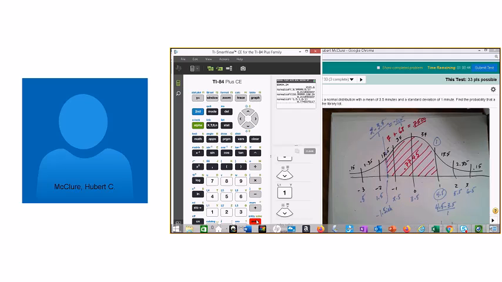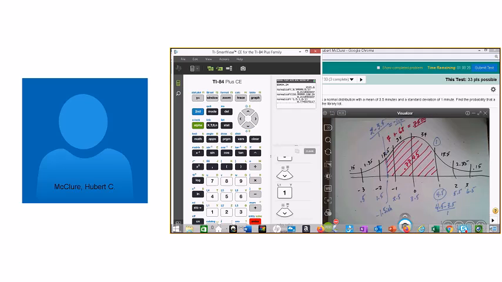77.5% that it's going to be between, hold on a minute, I've got to pick up the pen, between the score of 2 and 4.5. So 0.7745.